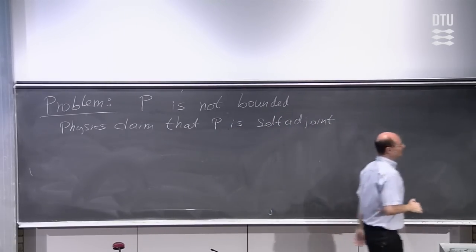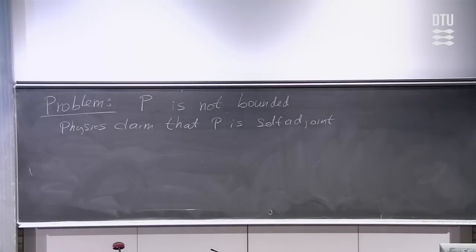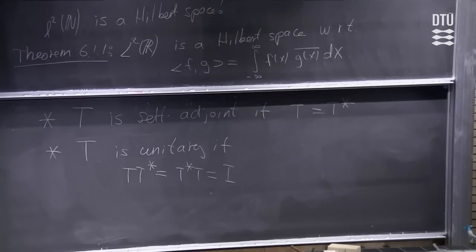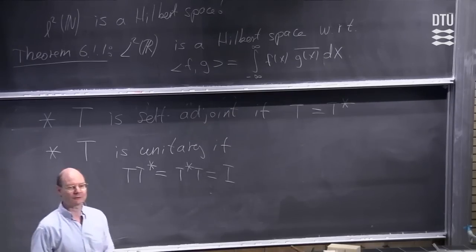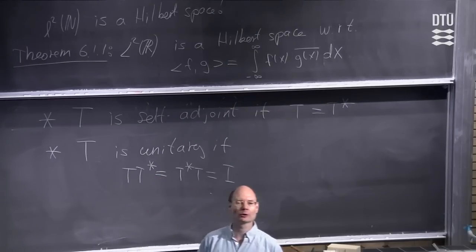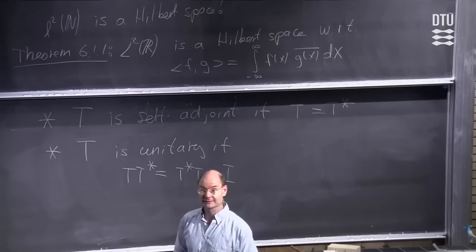So that means they claim that the operator is equal to its adjoint. But this does not make any sense for us at the moment, because we have just shown that the operator is unbounded. And to introduce the adjoint operator, this is something we only do for bounded operators. So at the moment, this does not make sense.